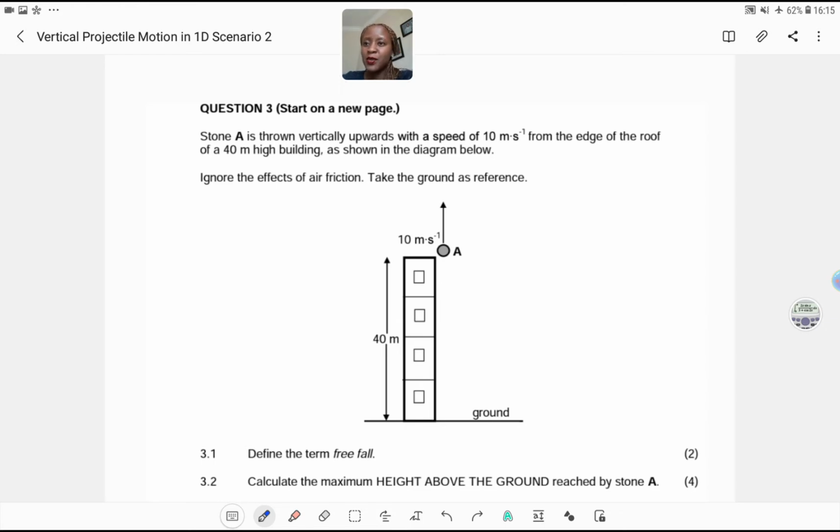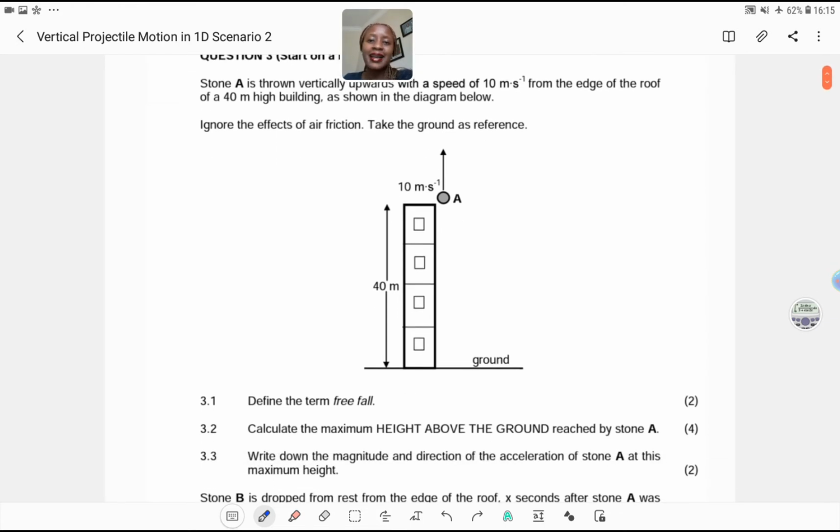Okay, so I like taking downwards as positive. If I take downwards as positive, it means the height of the building they've given us, my delta y there, will be positive 40.